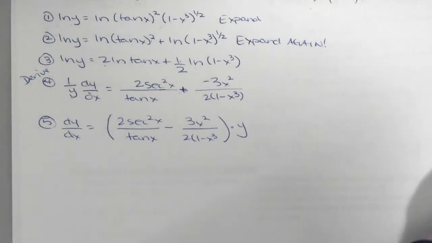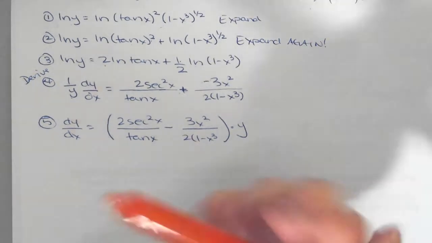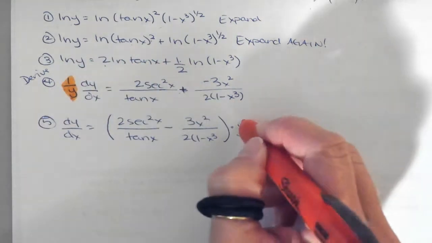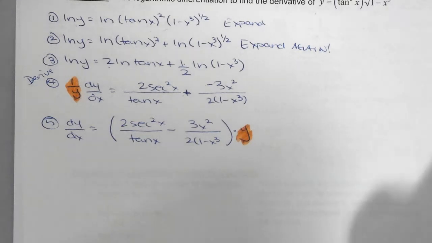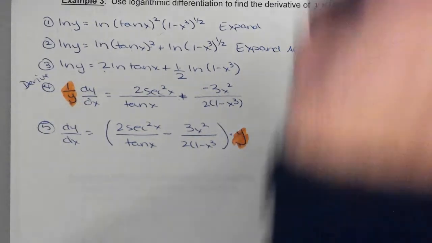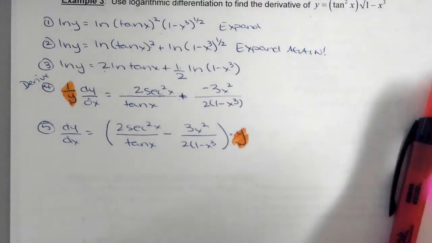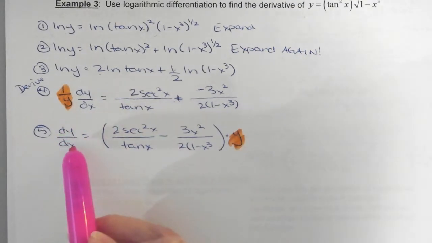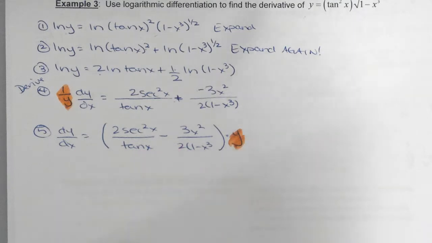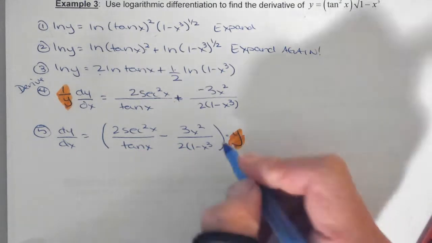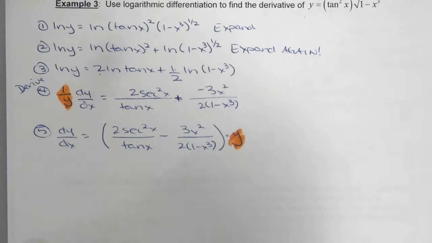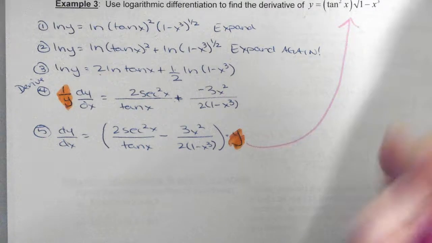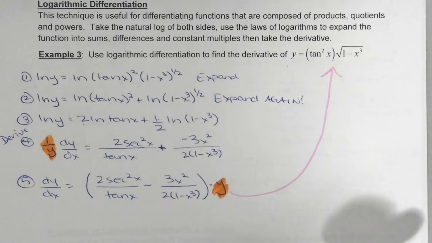I just want to show you something. What we did was we moved this over, so now it's right here. But we actually know what y is equal to. If we're trying to find our derivative with respect to x, typically your answer is going to be all in terms of x. Typically, not always, but typically. If you go back up to the top, what is y equal to?